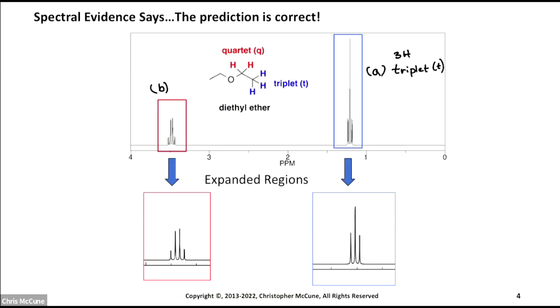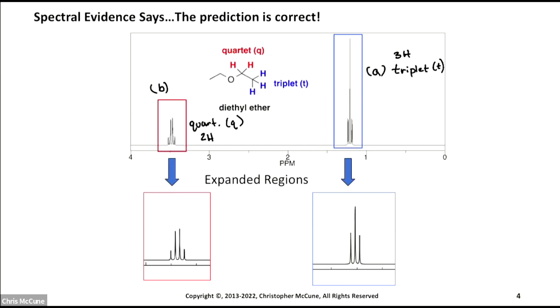This one here is a quartet. Sometimes it gets abbreviated as Q, and there's 2 hydrogens giving rise to that peak. But there's 3 neighboring hydrogens that give rise to its splitting pattern, okay? So the integral is the number of hydrogens that give rise to the peak, and the adjacent number of hydrogens is the number of hydrogens that give rise to the splitting pattern because of the N+1 rule.